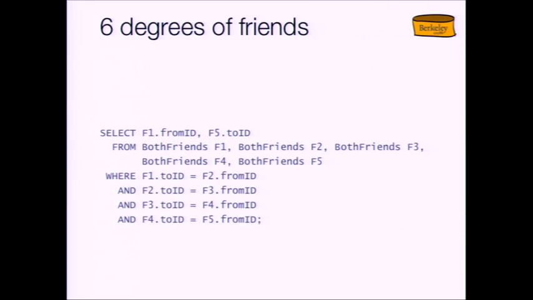So you self-join it five times, and then you just make sure that this from is connected to this to, which is connected to this from, which is connected to this to, and so on. You can build out strings of six-degree hops using that query. And I believe this is relevant to your homework, so take a look at that.